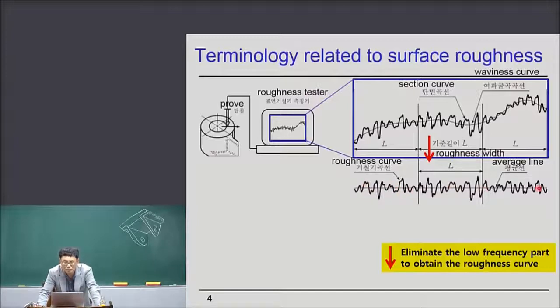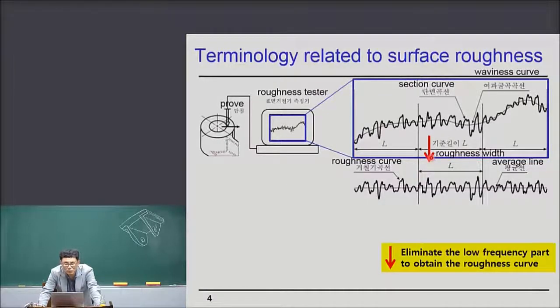This is the roughness curve where the low frequency curve is filtered out. When you try to measure the surface roughness of the specific plane, you just understand that they are defined.